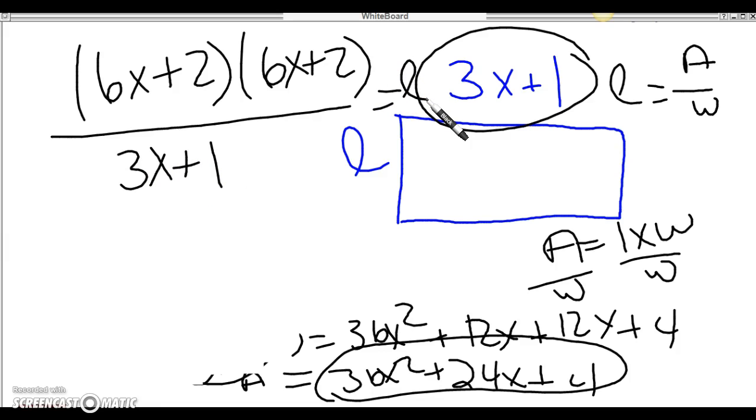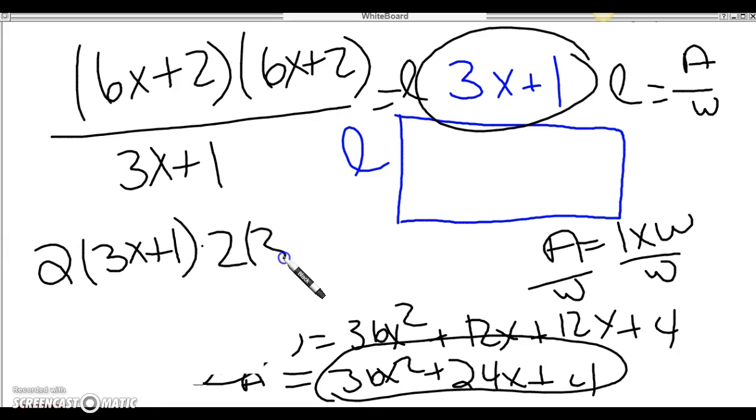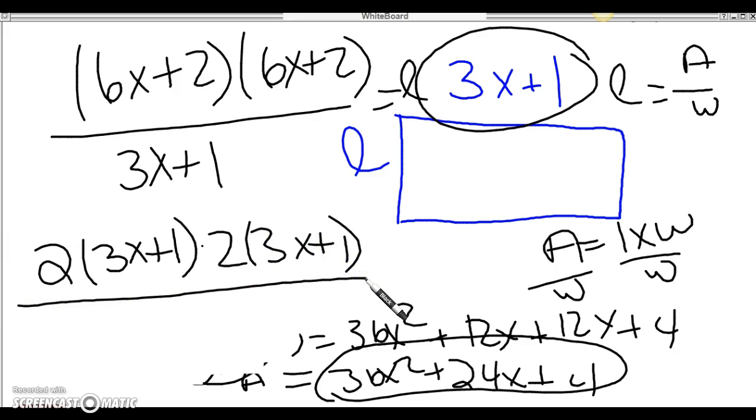I can reduce this. I sure can, because my 6x plus 2 has a common factor of 2. So I can pull out a 2, and I get 3x plus 1 here. I can pull out a 2 here, and that gives me 3x plus 1 here, all over 3x plus 1.